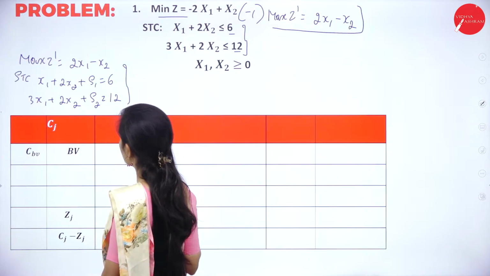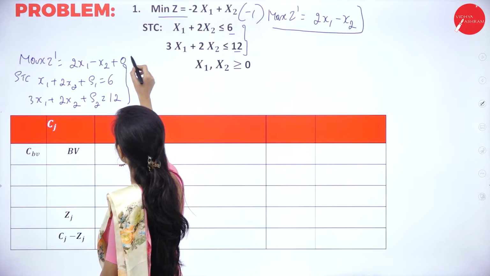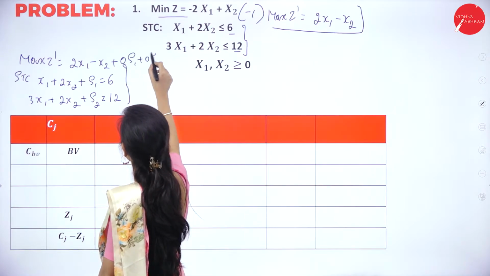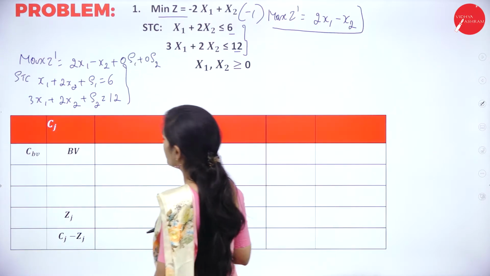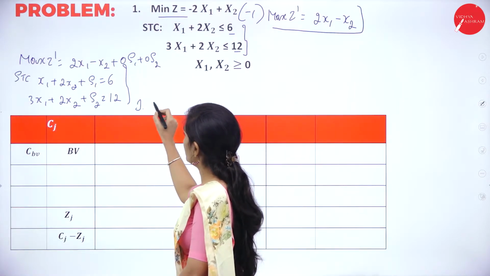Now this is in standard form, and here I am adding the two slack variables with 0 coefficient, 0 s1 and 0 s2. Now you have to find the initial simplex table.